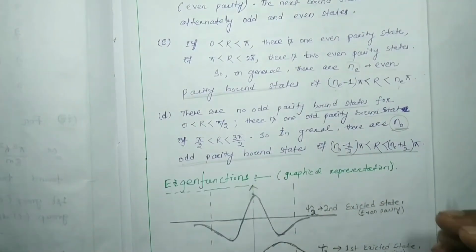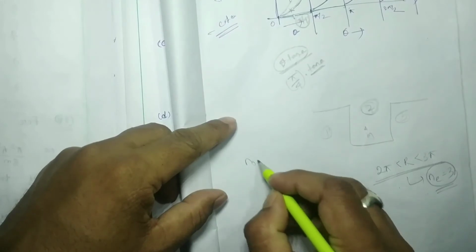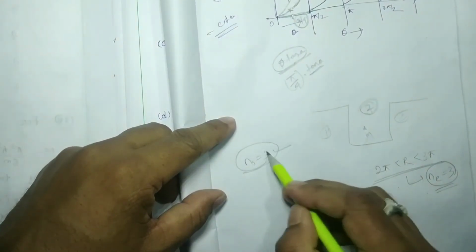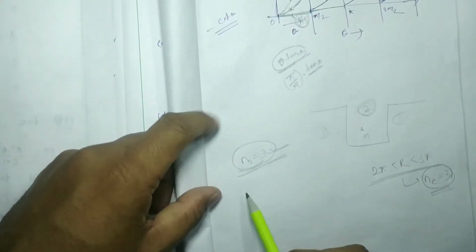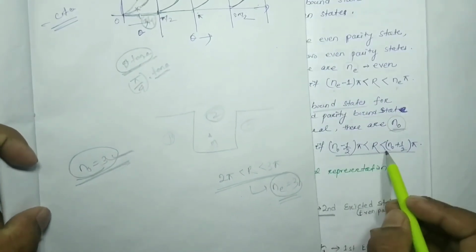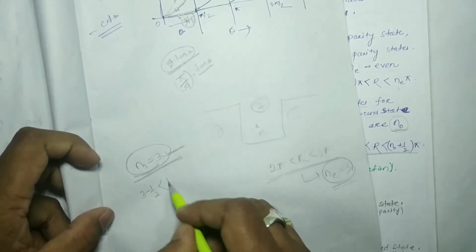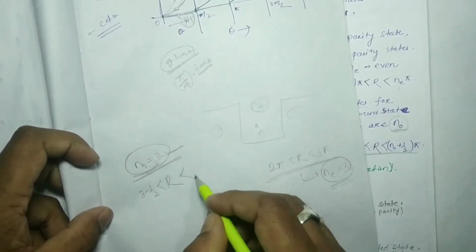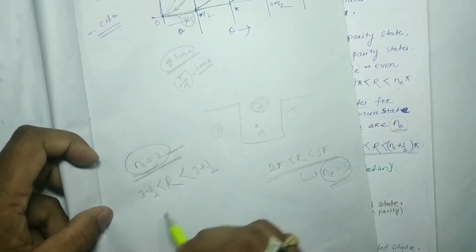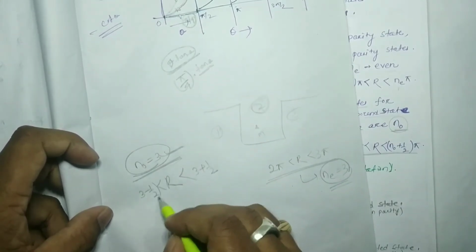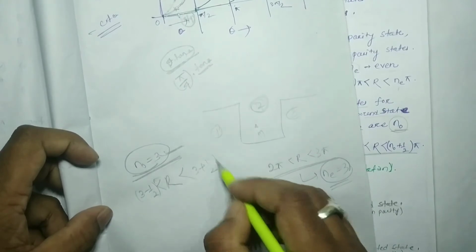Three odd parity states we want to find. That means what will be the range? See, (3 minus 1) by 2 pi less than r less than (3 plus 1) by 2 pi. Sorry, this is pi.